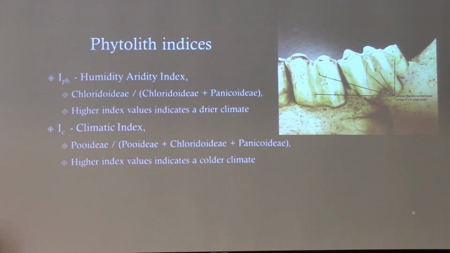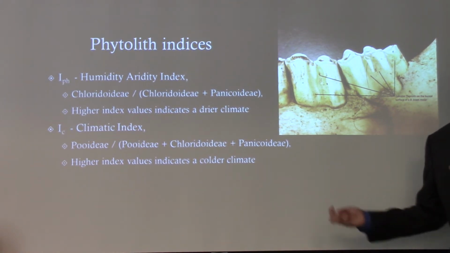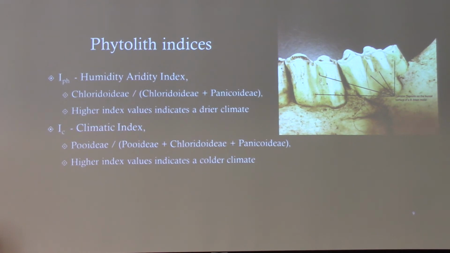Higher index values are going to indicate drier climates, and that's because the Chloridoideae grasses thrive in xeric environments. Then I use the Ic index, or the climatic index, and these are the Pooideae phytoliths divided by the sum of the Pooideae, Chloridoideae, and Panicoideae phytoliths. Higher values here are going to indicate a cooler climate or more available moisture.